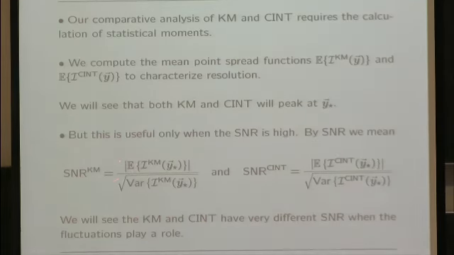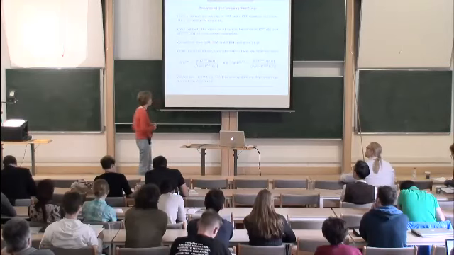We want this to be high: if we look at the peak value of the mean, which will of course focus at the right place, and compare that with the standard deviation around that point, we want this to be as large as possible in order to obtain something useful. So that's what we need to do.